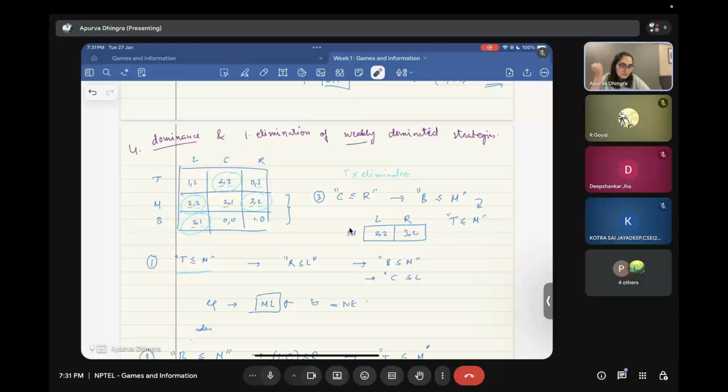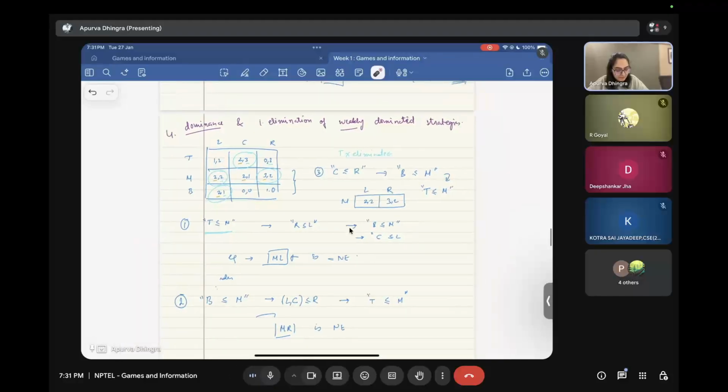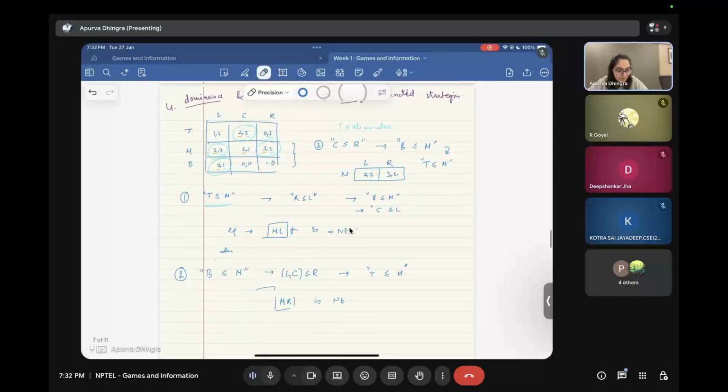So we can't just eliminate them directly, and we saw this, right? If we eliminate strategies which are weakly dominated, we might end up in a situation where we're not getting all the equilibria of the game. Like in this game there are 4 of them and we have only managed to capture 2. So that can happen if we are eliminating weakly dominated strategies.